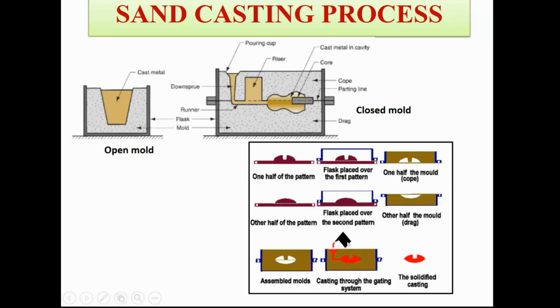And from here you can pour your liquid metal into this pouring basin, and then it will fill the space or your cavity. And after some time this casting is solidified, and then you break this mold, and you can easily get your solidified cast product.